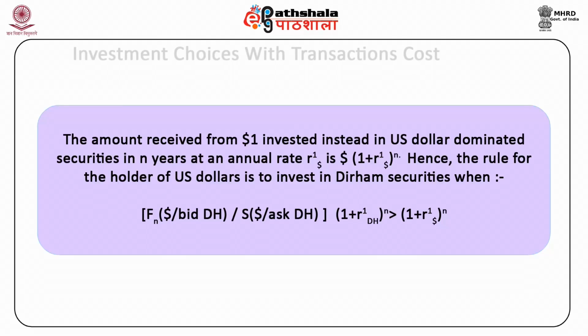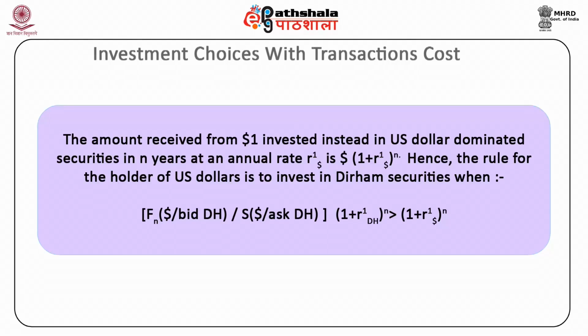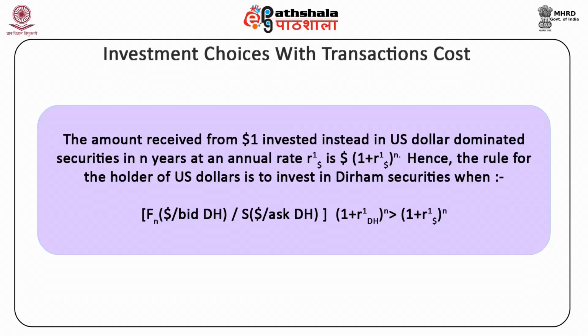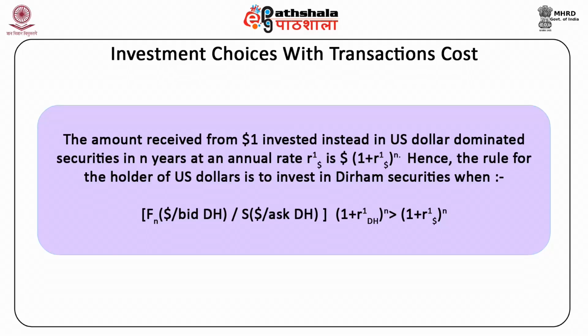The amount received from $1 invested instead in US dollar denominated securities in n years at an annual rate R dollars is dollar times 1 plus the return on dollar, whole raised to the power n.